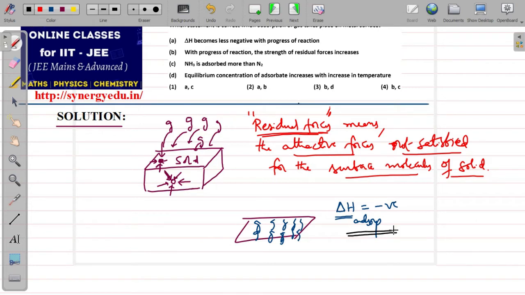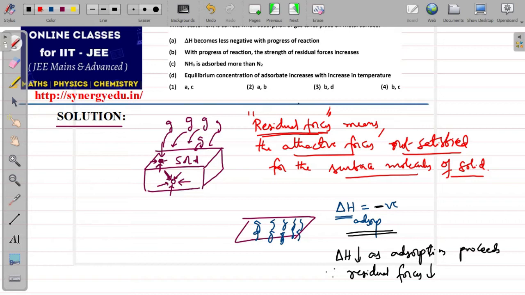The sign remains negative, but the magnitude of delta H decreases as adsorption proceeds, since residual forces decrease as more surface molecules get satisfied by the gas molecules.